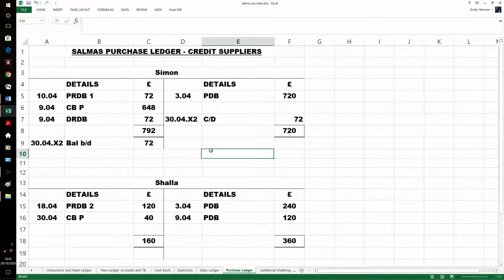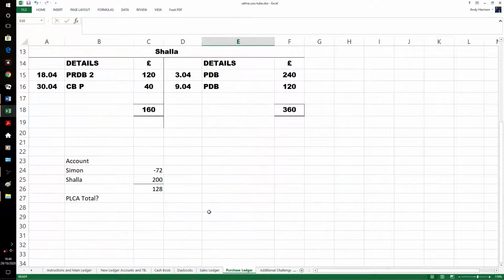We don't, because Simon, we bought 720 worth of goods off, we actually paid him taking a discount, and then we sent some goods back afterwards. So actually Simon owes us 72, which is why in our list of balances it's minus 72. I've left that in, in case of error.